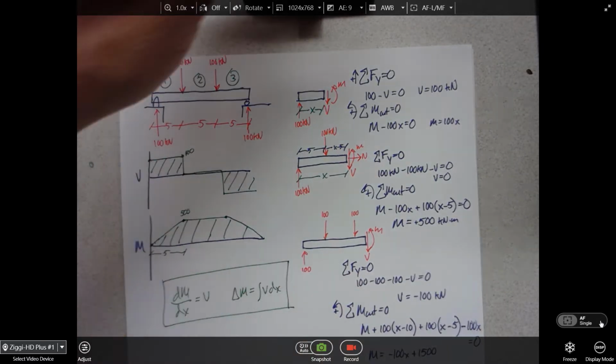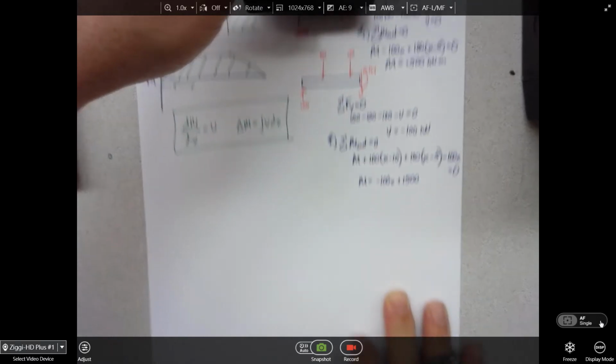Let me do another one to show you a second shortcut, when you have a distributed load.